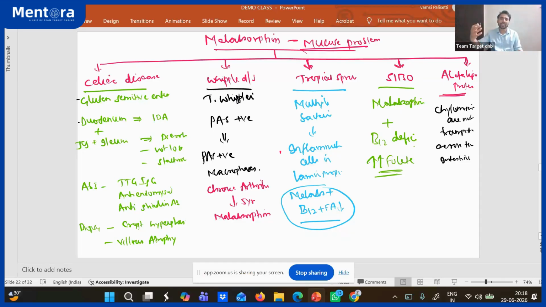So in abetalipoproteinemia, chylomicrons are not being transported from the intestine to the blood circulation. So your lipids are not going to the blood circulation. So they have steatorrhea, malabsorption, diarrhea and all. When you do the biopsy, you will have what are called lipid-laden macrophages. Very important, lipid-laden macrophages. This is the diagnosis. Simple. So this is a very important thing, malabsorption mucosal problems. So let me explain again to you people.